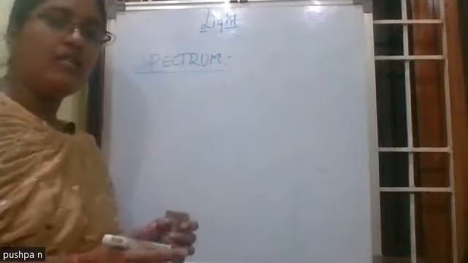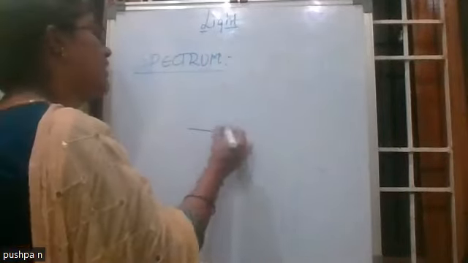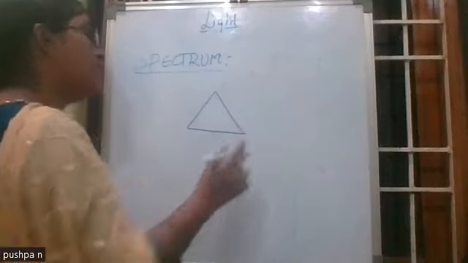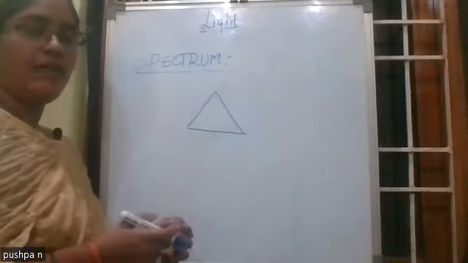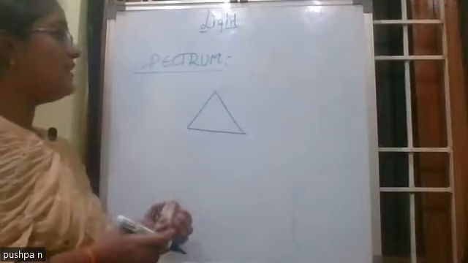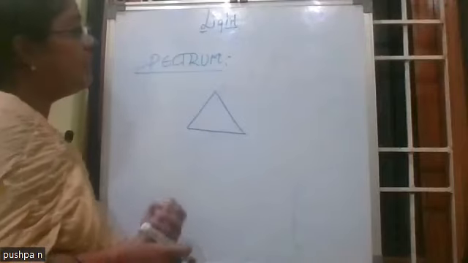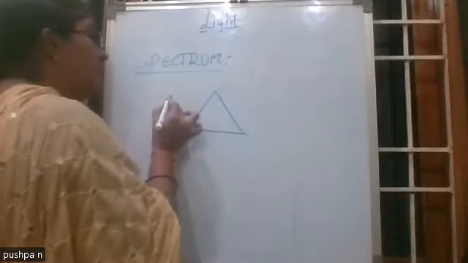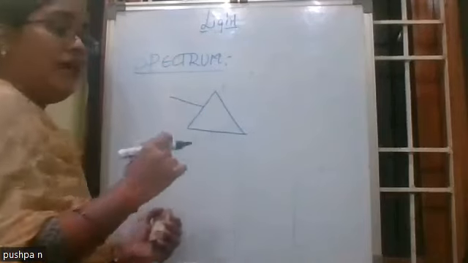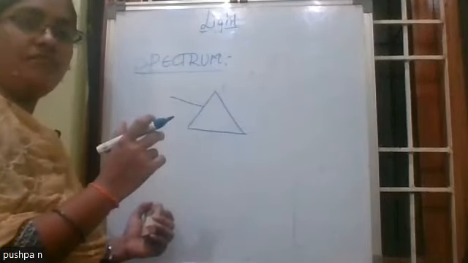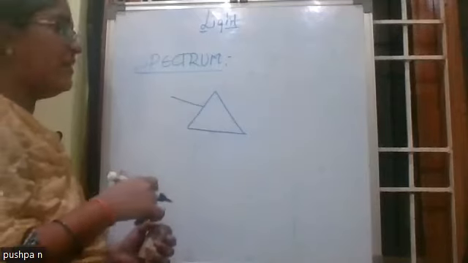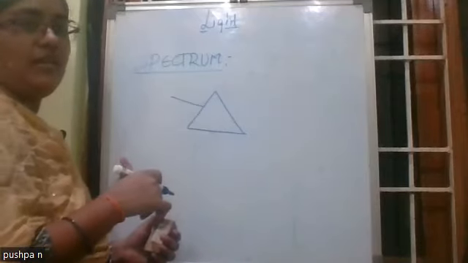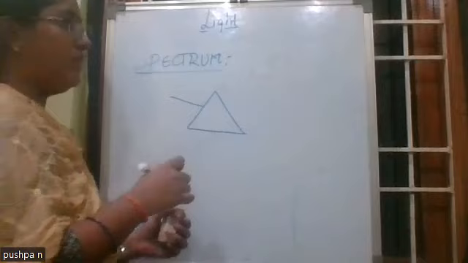Spectrum. What is the spectrum? If you take a glass prism, or any optical medium, what happens? Light propagates in which direction? In a straight line, right? Rectilinear propagation of light. Light travels in a straight line path.